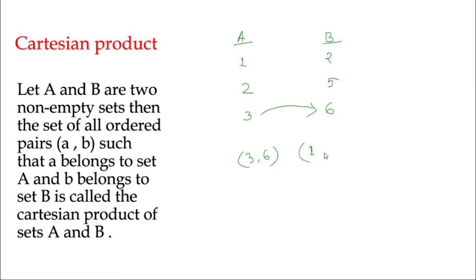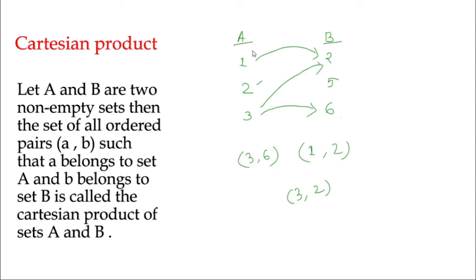If I write (1, 2), then I am pairing 1 with 2. Similarly, if I write (3, 2), then 3 is pairing with 2. So in this way I can represent the ordered pairs.